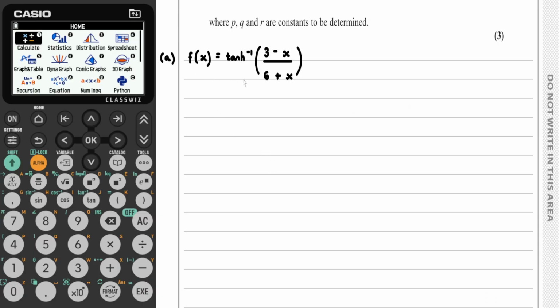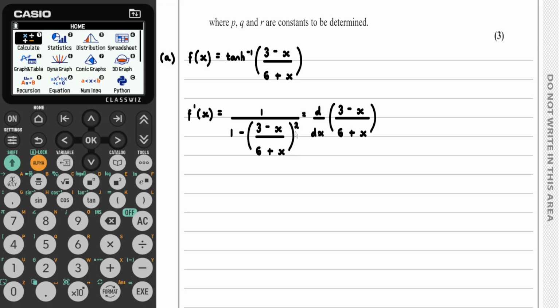So we have f of x, which is equal to the inverse hyperbolic tan of (3 subtract x) over (6 plus x). And so f dash of x will equal 1 over 1 subtract ((3 subtract x) over (6 plus x)) squared, and using the chain rule we have to multiply by the derivative of (3 subtract x) over (6 plus x).